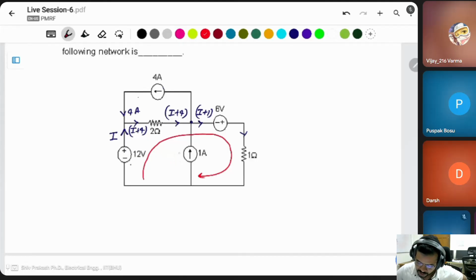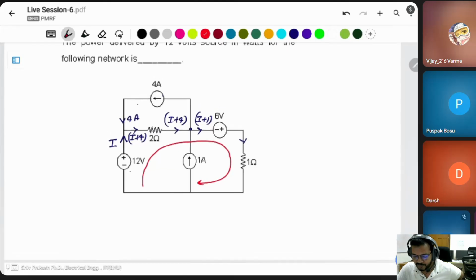Same question, if you go for taking a variable like I1 here, then you can apply KVL here, then apply KCL here for two variables, then you find two equations, and you can solve them.